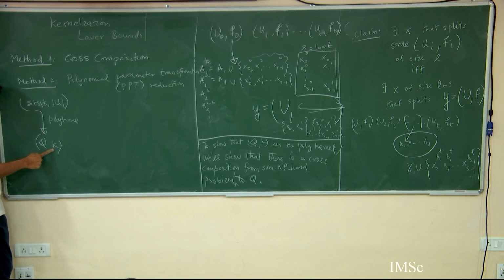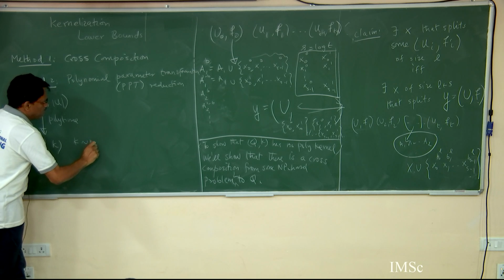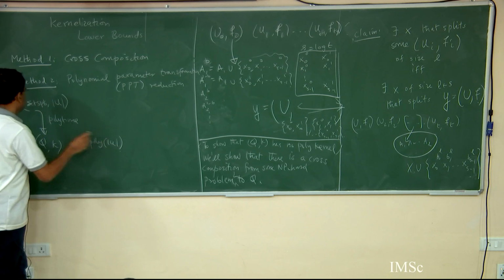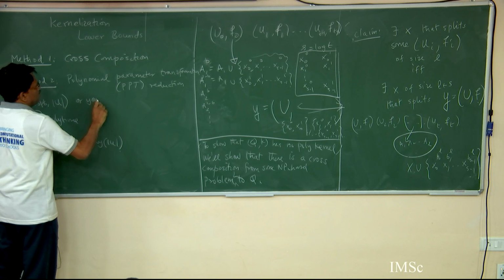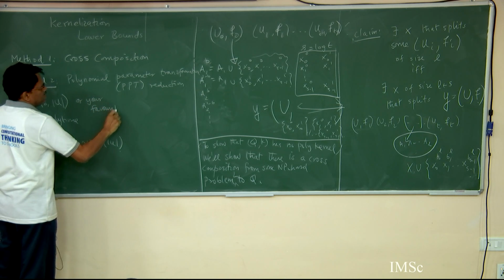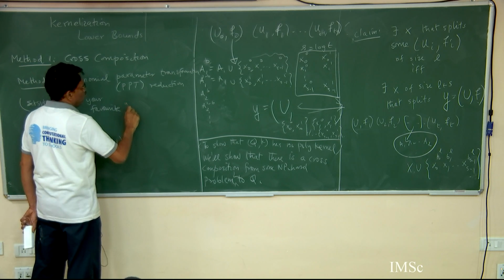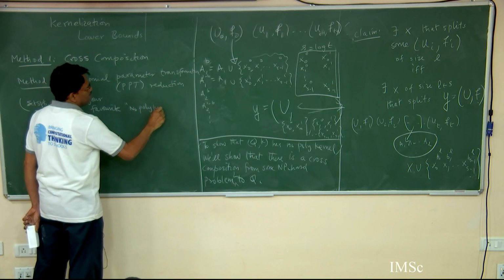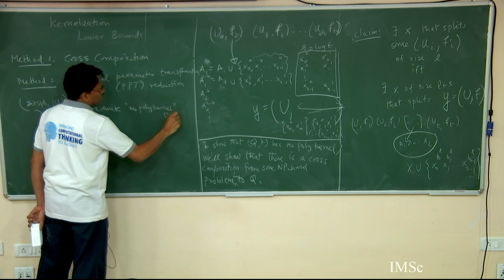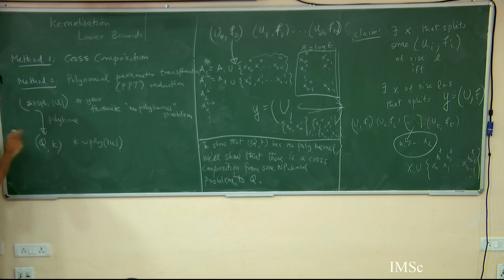Just make sure that this parameter is a polynomial in this. When we talk about FPT reduction, we just want this parameter to be a function of this parameter. I do not care what function, but in PPT reduction, you just want K to be poly in the size of this universe, or your favorite no polykernel problem. In poly time you reduce to this, just make sure that K has this property.